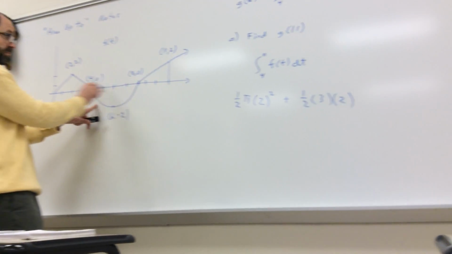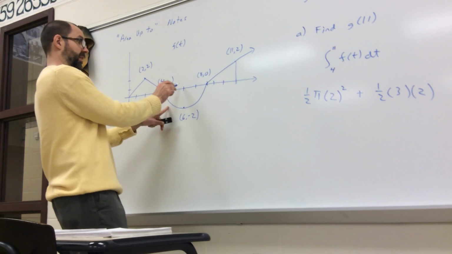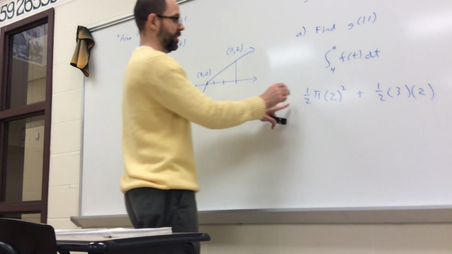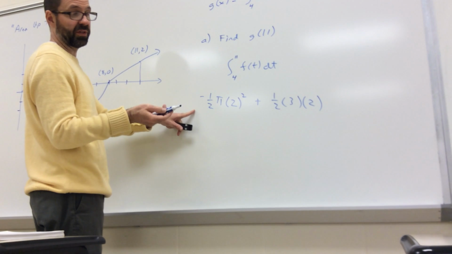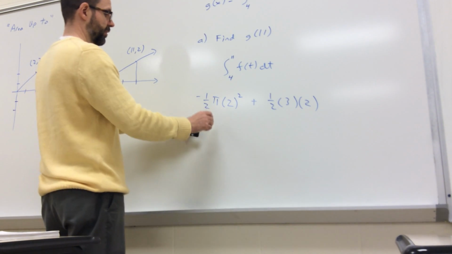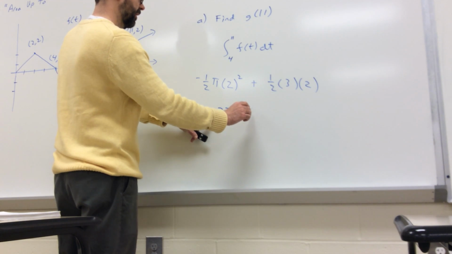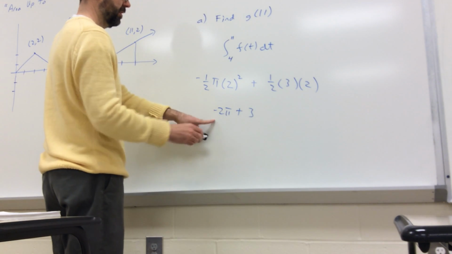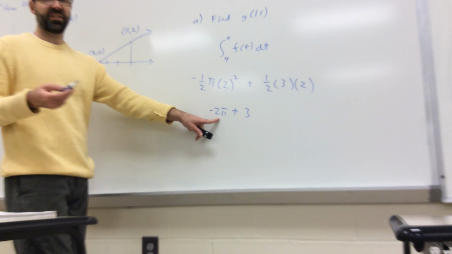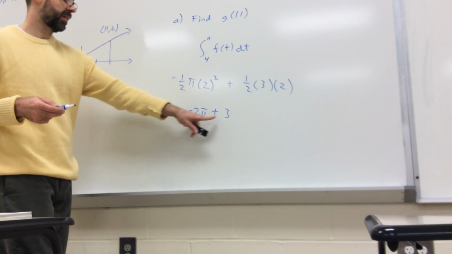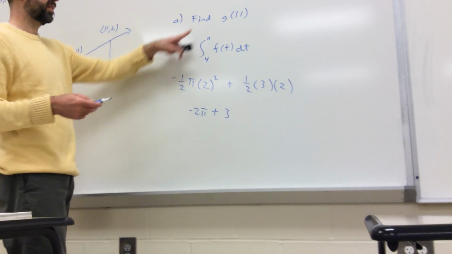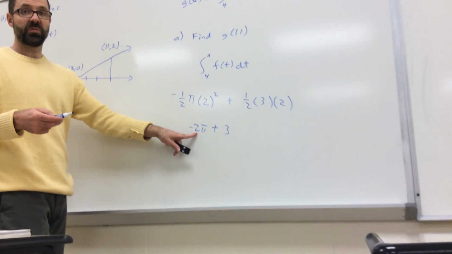And this half circle is below the x-axis, so we're finding the area up to the x-axis. And that counts as a negative area since it's below the x-axis. So then this is negative 2 pi plus 3. And we'll just leave it like that. And we could get a decimal for that if it was calculator active. So the final answer for g of 11 is negative 2 pi plus 3.